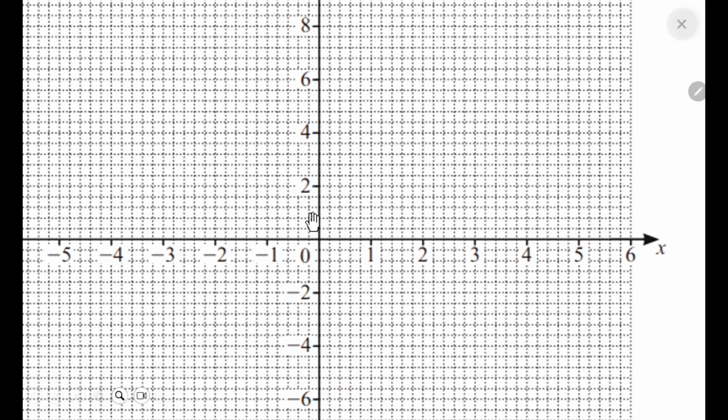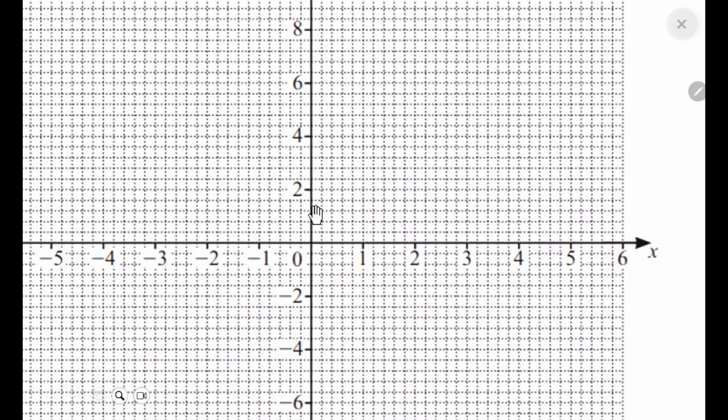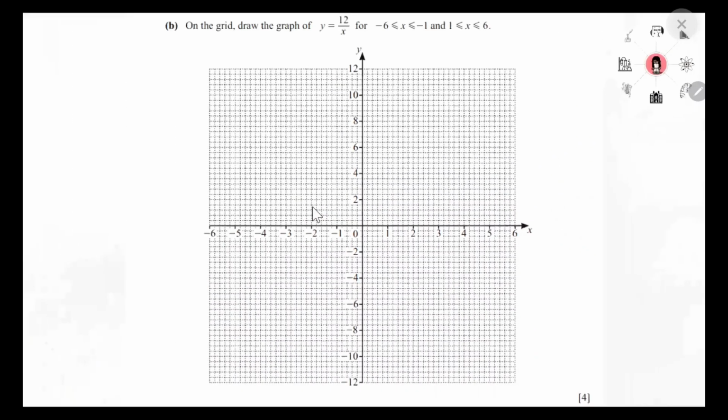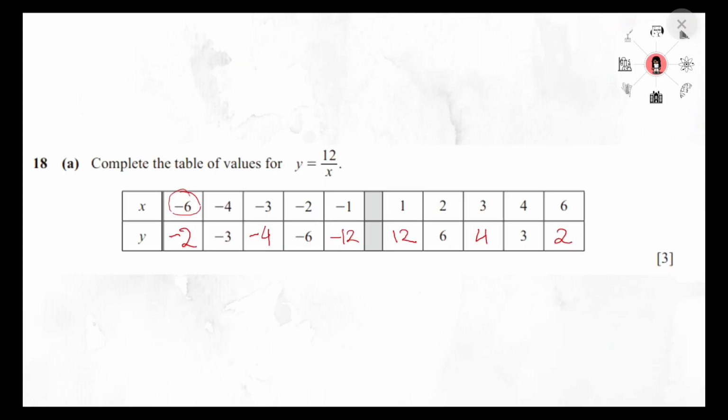So to find 1, 3, the odd numbers, we have to go right in the middle, somewhere here. That would be 1. This would be 3, and so on. Okay, so let's start with the points.